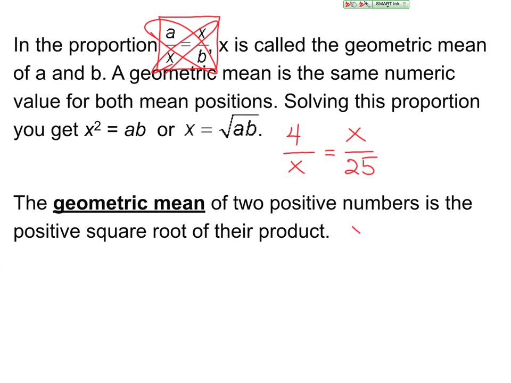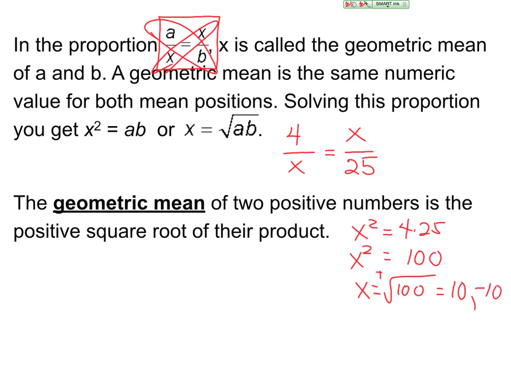X times x is x squared. 4 times 25 is 100. And then you need quadratic formula for this one? No, you can just square root. Square root of 100 would be 10, but also negative 10. So when you're solving, it's positive and negative. A geometric mean is not a negative. So in this context, we'll throw out the negative.